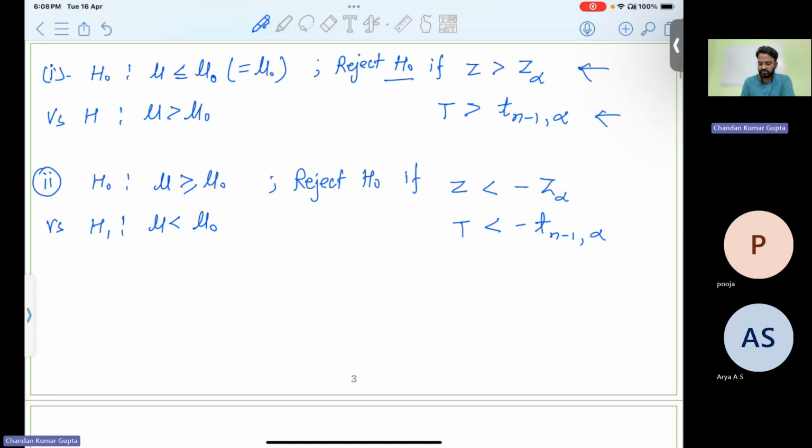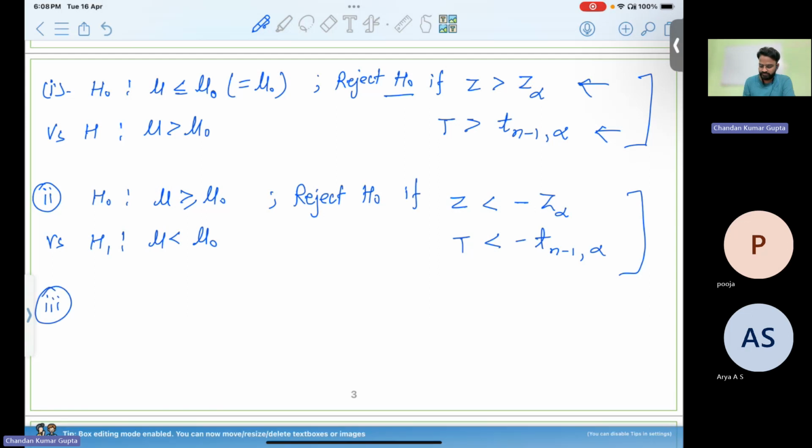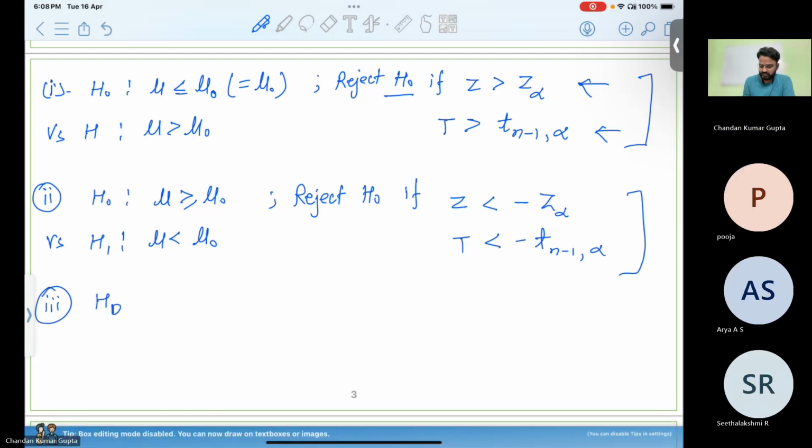So we need to check which type of hypothesis we are going to test. On the basis of that type, we will follow either this or the third condition.